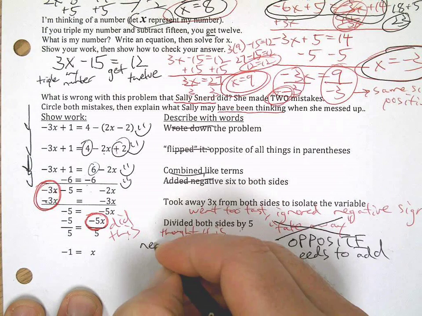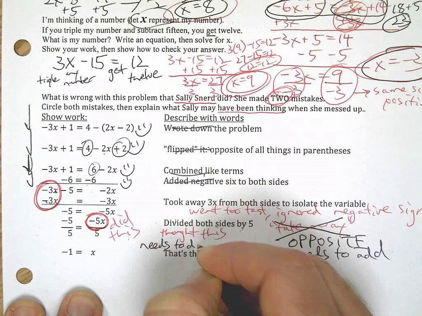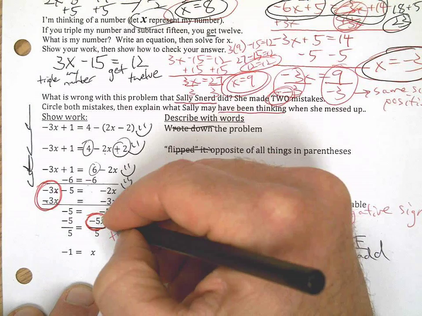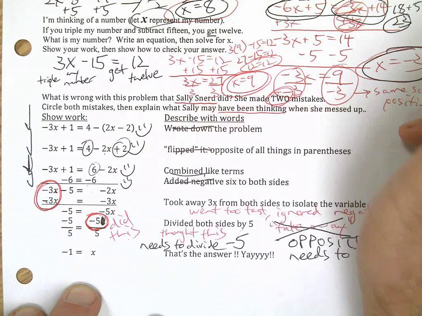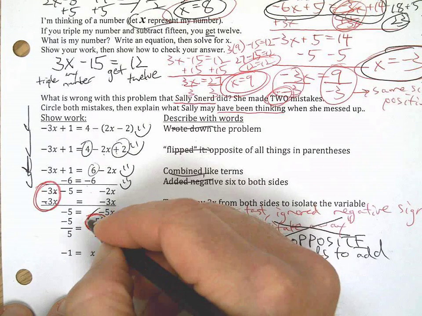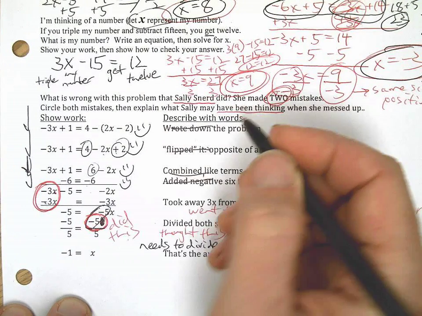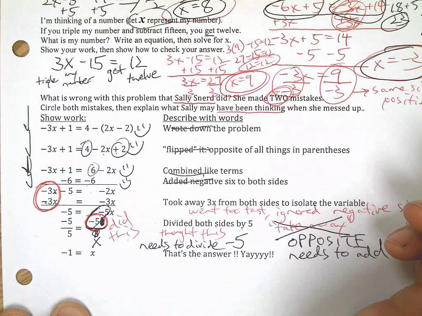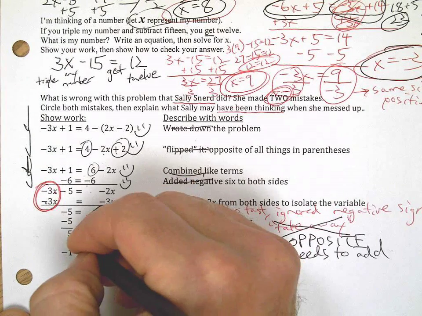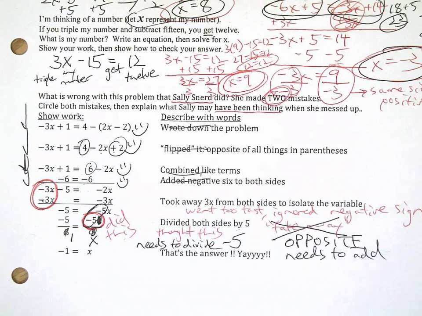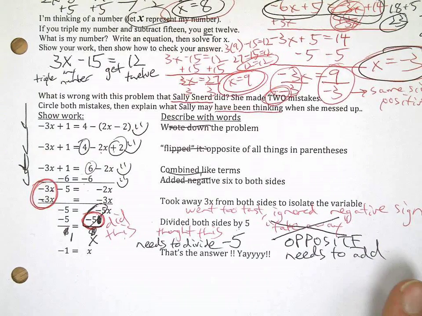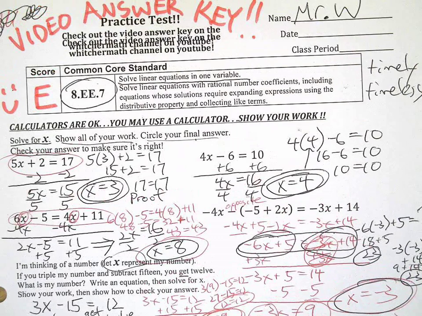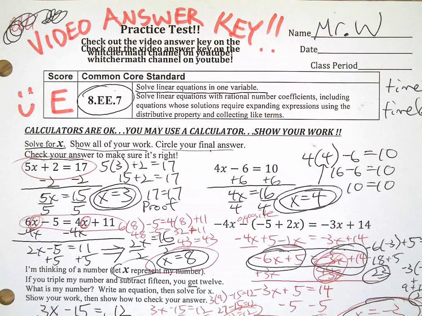She needs to divide both sides by negative 5. Both sides. So we just need to get rid of this x here. Right? Because that turns this into a 1, which leaves us with x on the bottom and 1 over here. Okay, so we identified 2 mistakes and figured out what she might have been thinking.